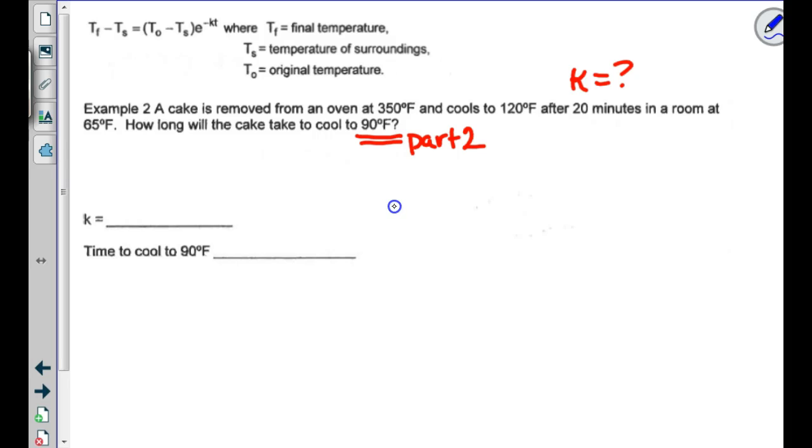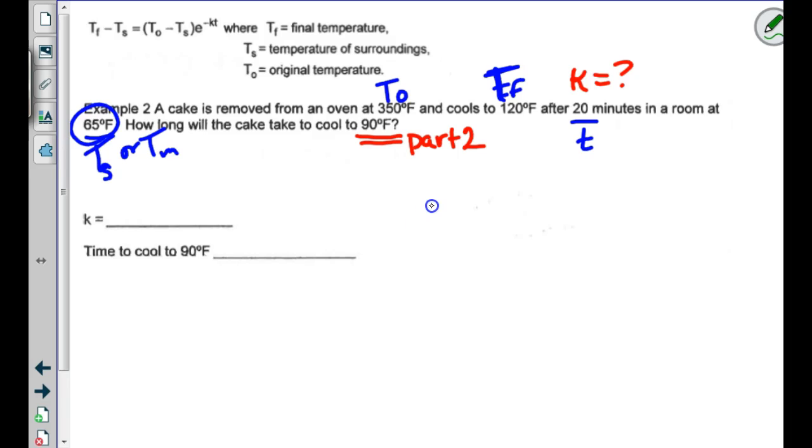What's the final temperature for the first part of the question? Okay, so this is T sub f. This is T sub 0. I should make that a capital T. And 20 minutes is going to be our little t, and 65 is the room. So that's either the surroundings or the medium, whichever your formula says.